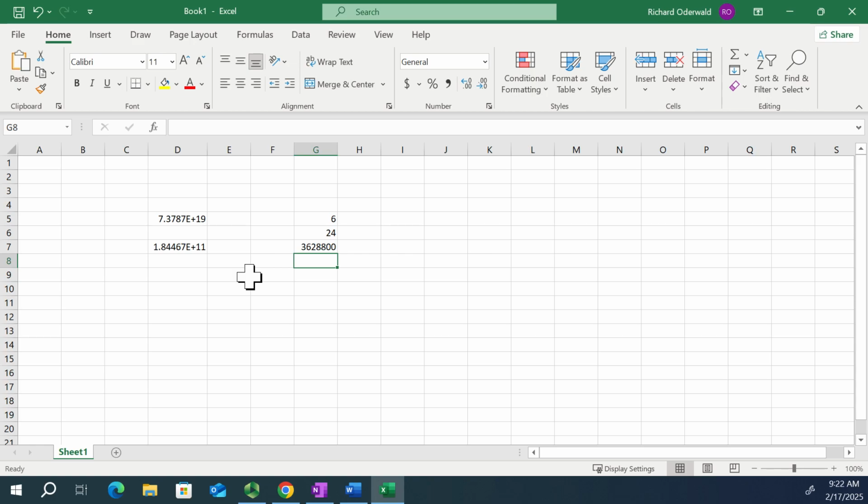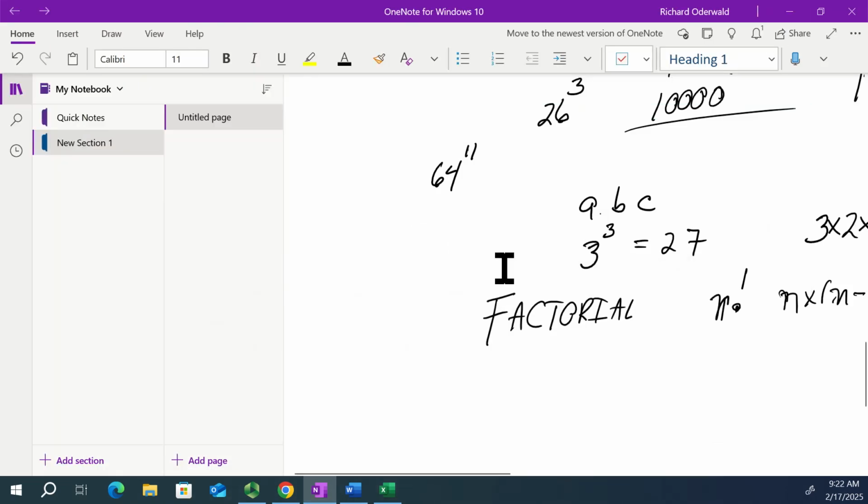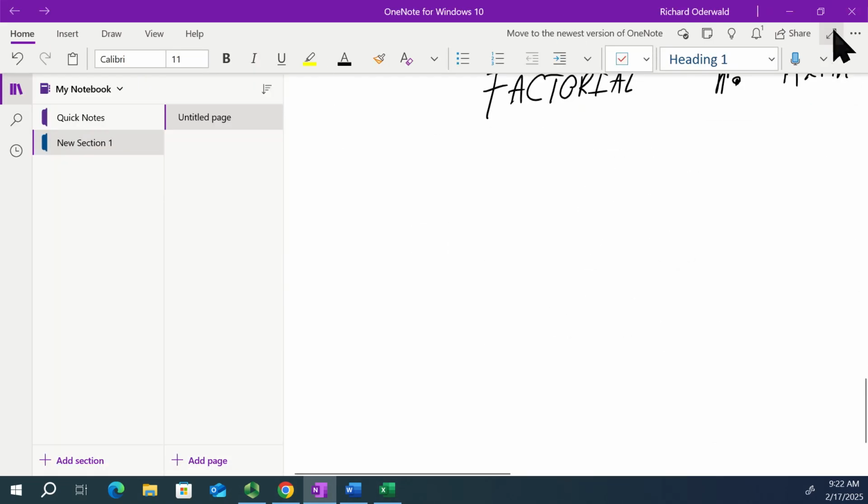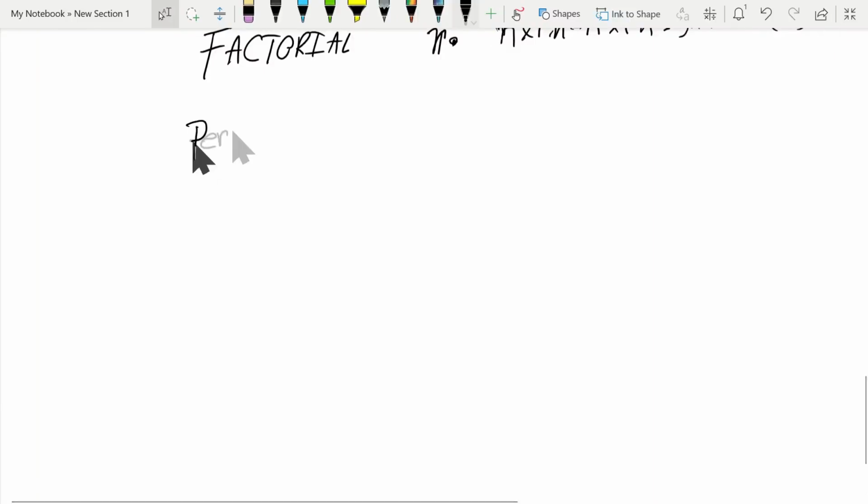And order matters. When order matters, ABC is not equal to CBA. It's got the same 3 letters, but the order is different. This is permutations. And a permutation is written PNX.